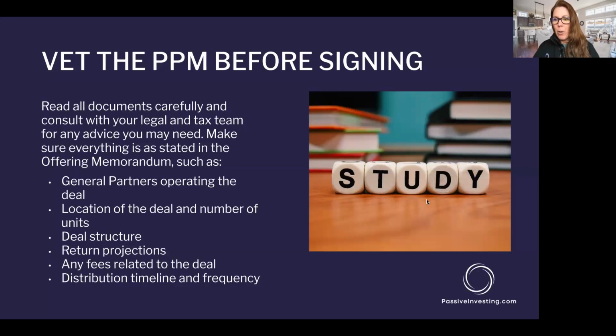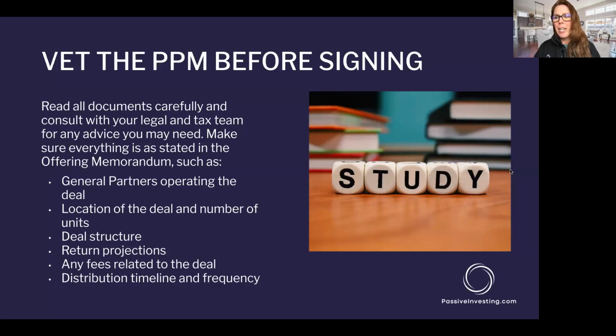And then, as always, with a new operator, new deal, or new asset or deal structure with the same operator, it is money well spent to have a lawyer take a quick peek at it. It's part of your due diligence. I know people don't like spending $300 or $400 on a deal, but if you're 99% of the way there, just consider it part of your due diligence fee.